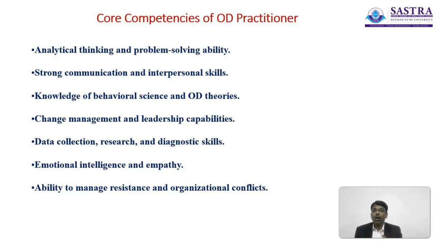These skills ensure that decisions are evidence based, correct. And emotional intelligence, above all emotional stability and empathy, are also important competencies. They help practitioners understand the employee perspective and manage relationships effectively. The ability to manage resistance and organizational conflict.